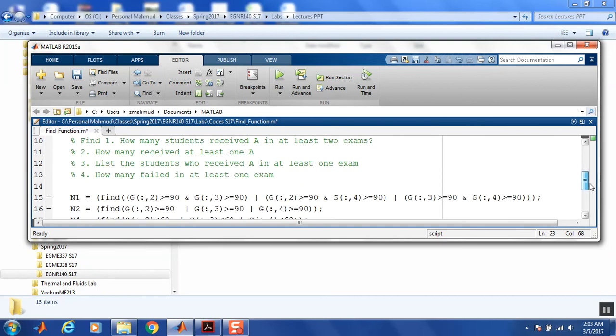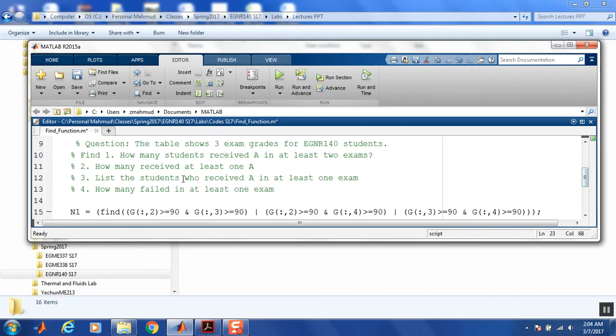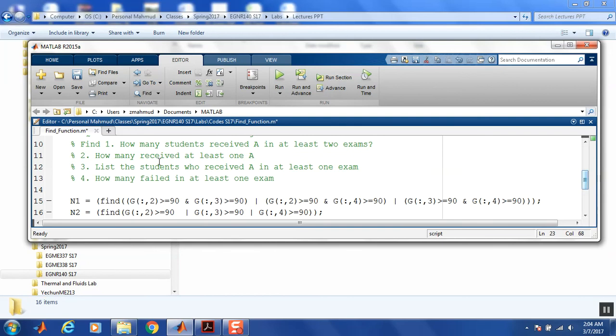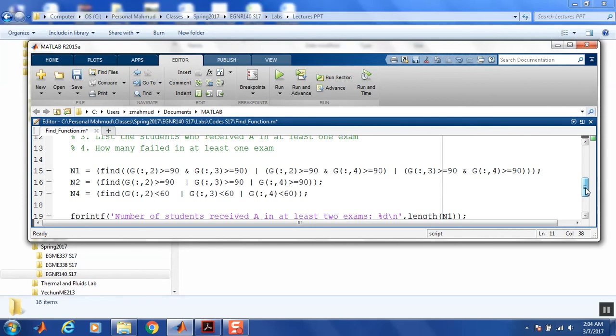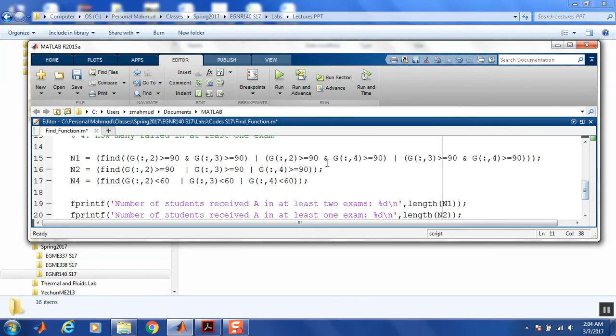So the third question was list the students who received A in at least one exam, which is actually related to the second question, how many received at least 1 A. So that answer, N2, is giving me those student ID numbers, like row numbers, and now I wanted to know the student IDs.